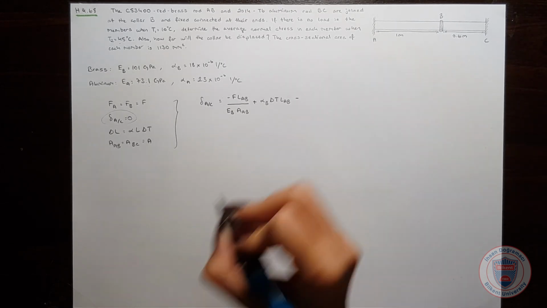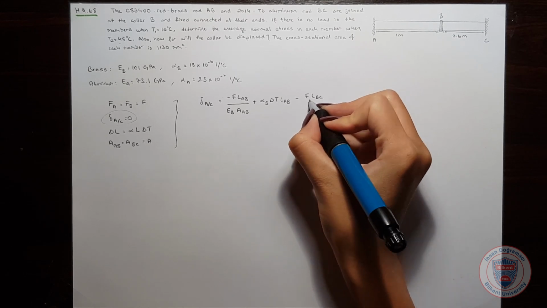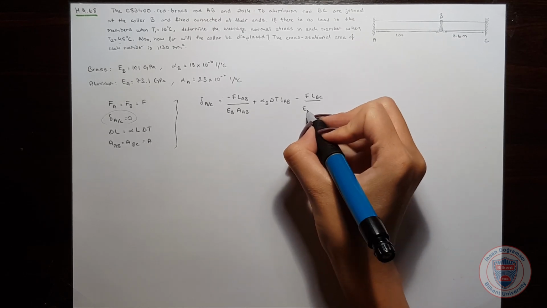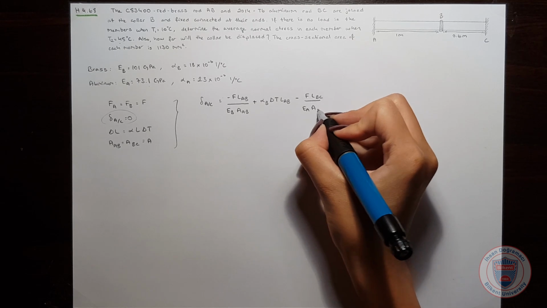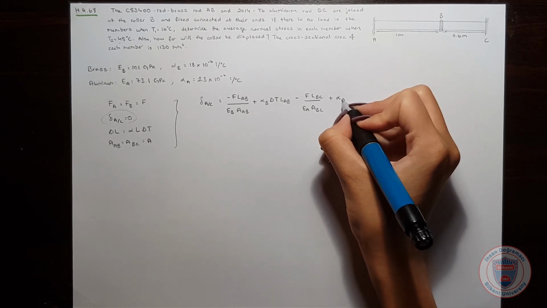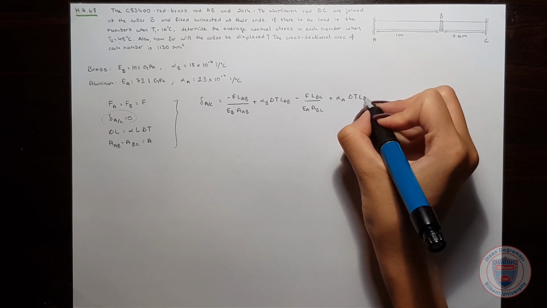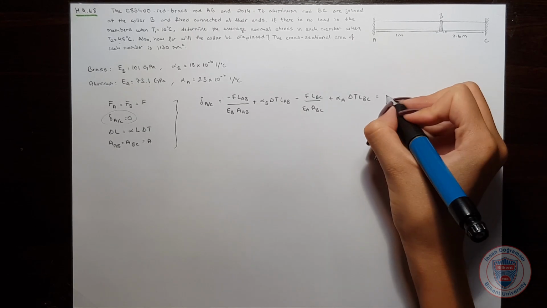Also minus F L_BC over E_A times A_BC plus similarly alpha_A delta T and L_BC. And this is equal to 0.